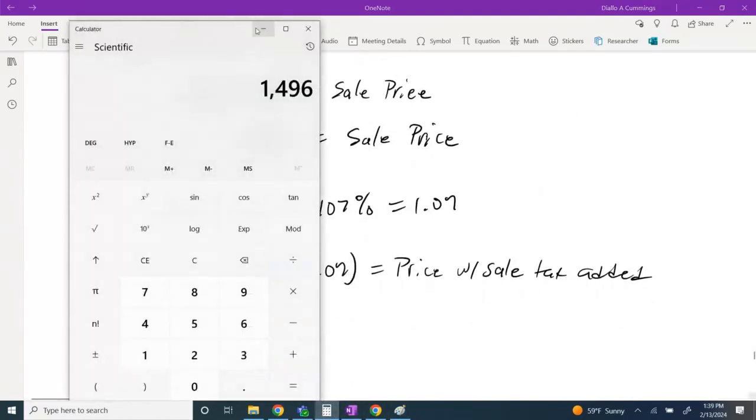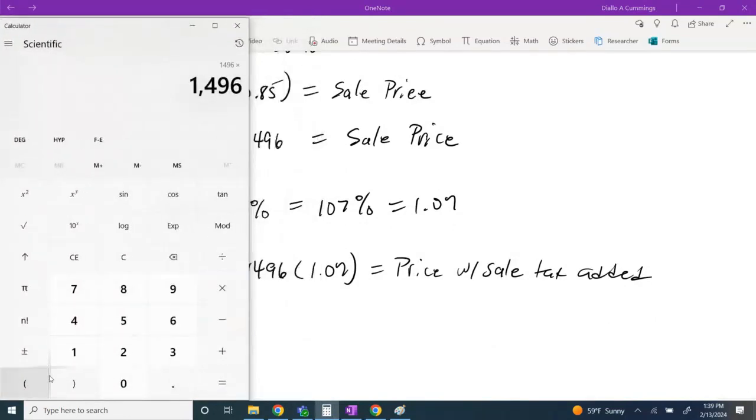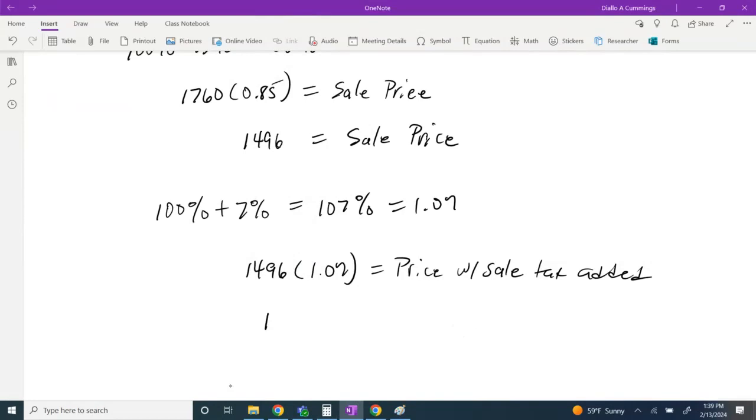So I'm going to calculate that. So I have $1,496. I'm going to multiply that by 1.07. And remember that money is always rounded to the nearest hundredth. So that bedroom set should be $1,600.72 with sales tax.